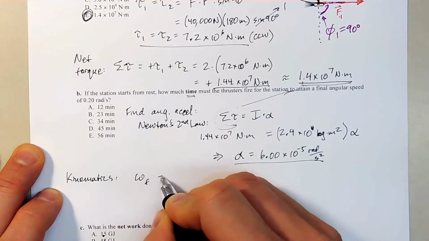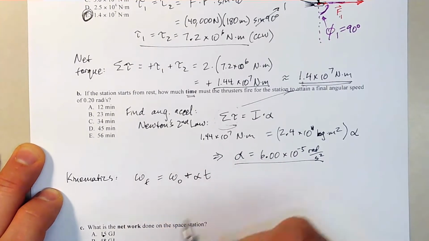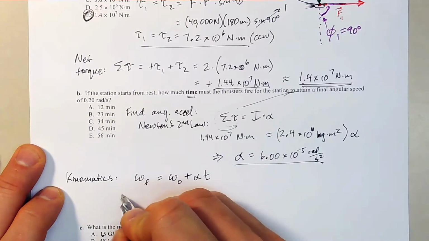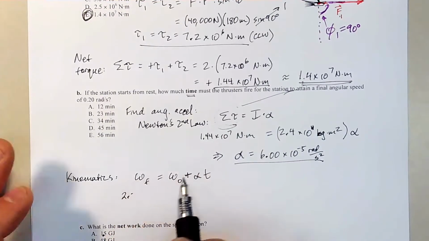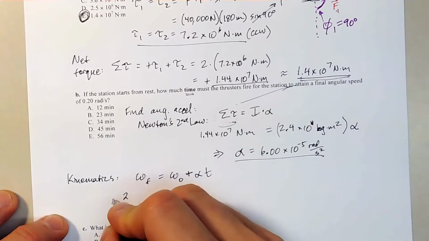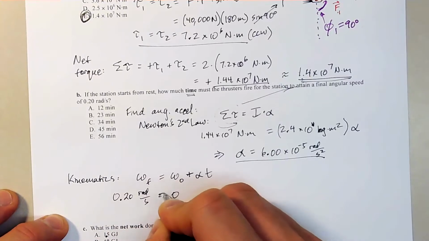So let's use our first equation of kinematics. There's probably more than one correct way to do this at this point, but I think the first one will be the most efficient. I know that I want to get up to a final angular speed of 0.2 radians per second, and I know that I start from rest.